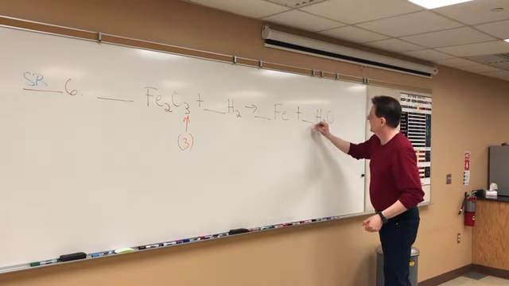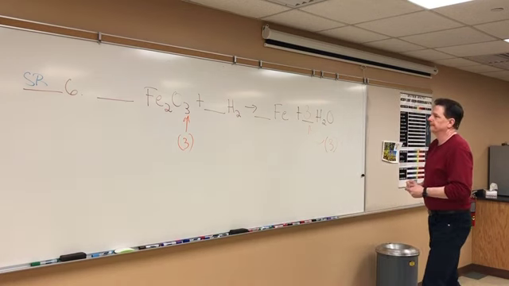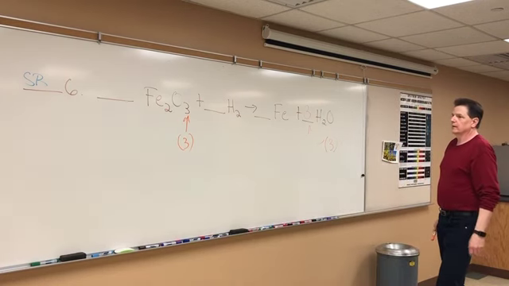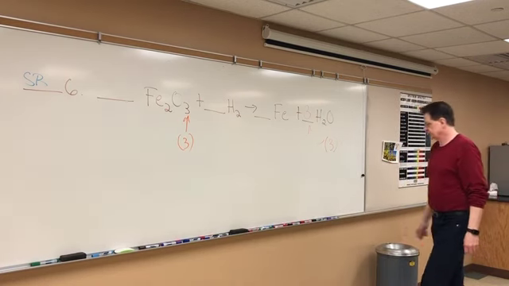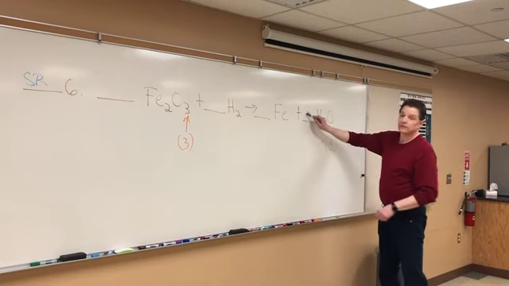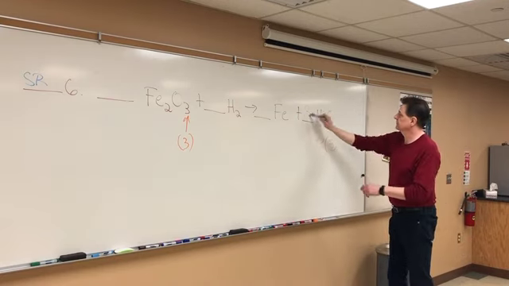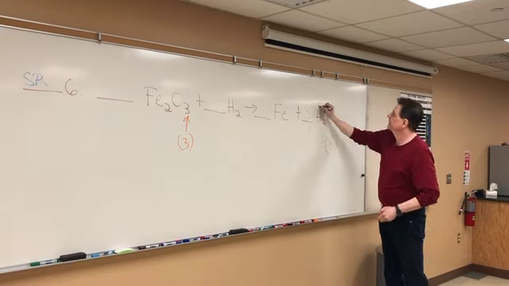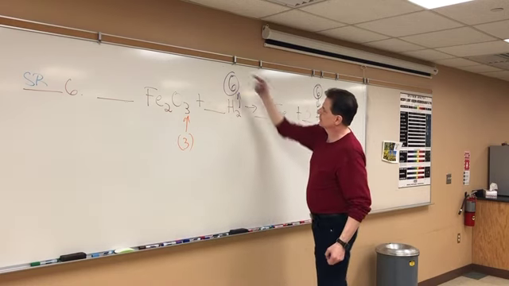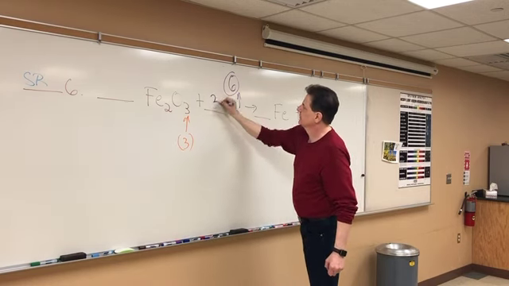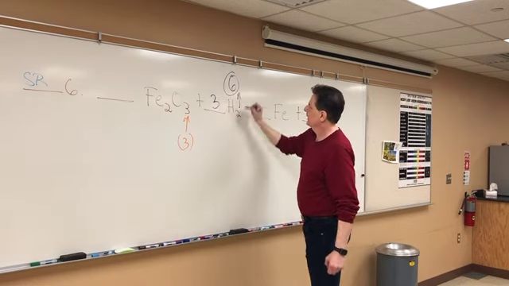The only way I can do that is put a 3 there. So we're going to go after hydrogen next. Coefficient times subscript, 3 times 2 means that H is 6. So I need a 6 here to make an H. The only way I can do that is reverse engineer. 2 goes into 6 3 times, or 3 times 2 gives me 6.